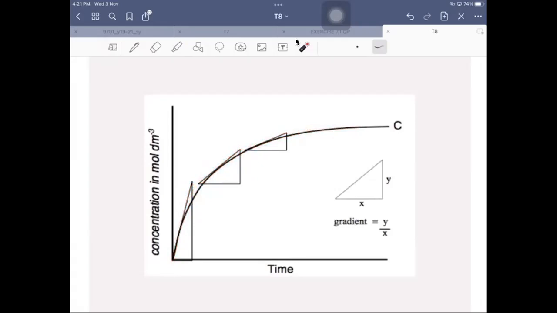Gentle is less steep, right? So if you can see visually that the gradient is going from very steep to gentle, that is already enough proof that the rate is also decreasing over time. If you're not convinced, then you would have to do calculation.